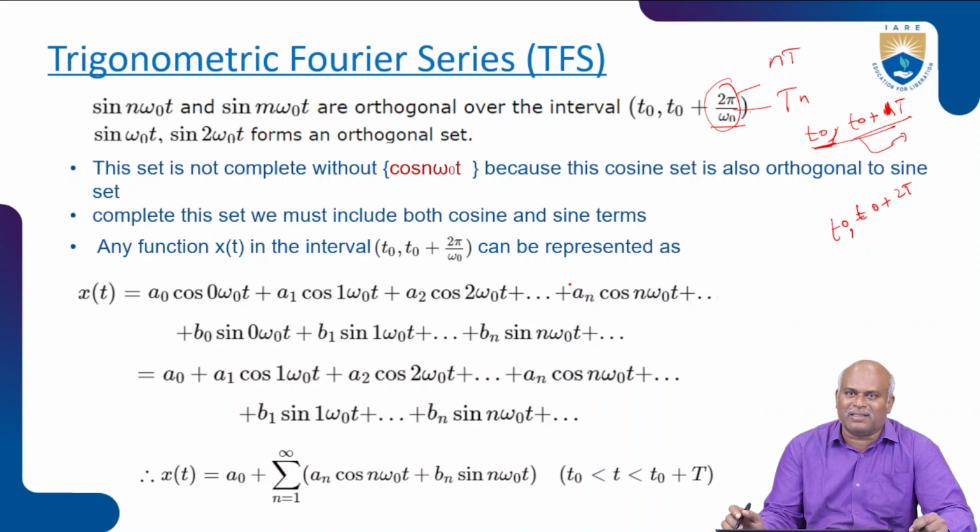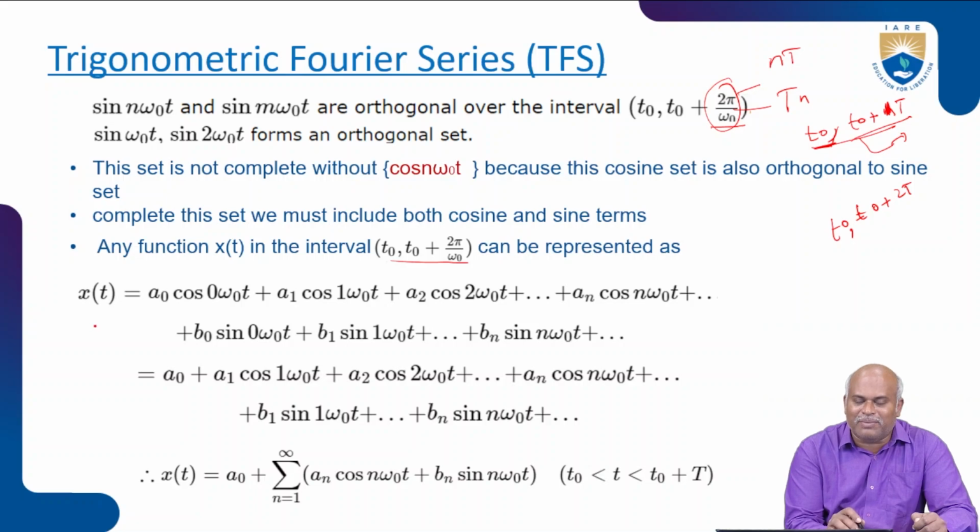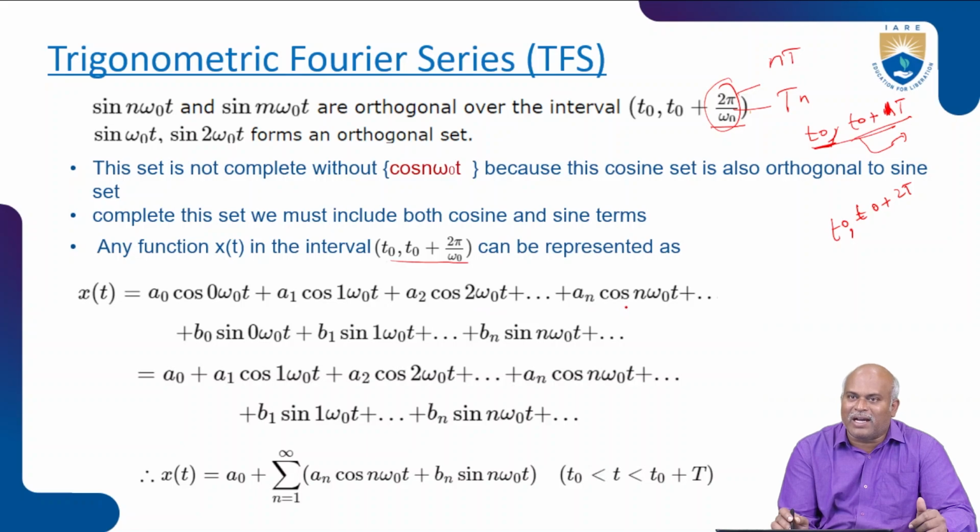Any function, except in the interval of duration T0 to T0 plus 2 pi by omega 0, can be represented as x of t, for the orthogonal signals we have taken. I write this as a0 cos 0 omega 0 t plus a1 cos 1 omega 0 t plus a2 cos 2 omega 0 t, up to an cos n omega 0 t.